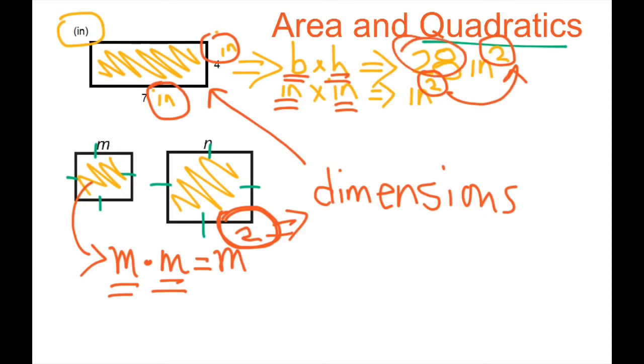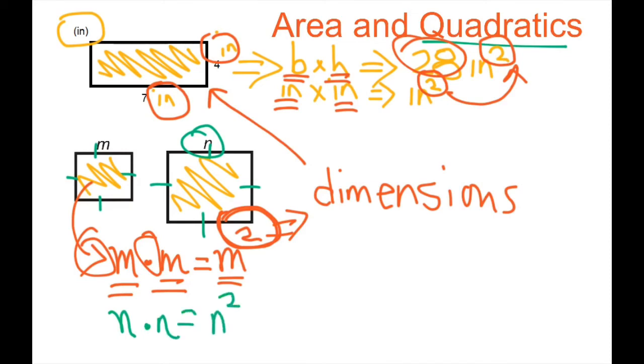These numbers are just the numbers associated with my dimensions. That's it. So, that is why m times m is m squared. I have no number. I don't know what the dimensions are. The same thing with the n. N times n is n squared.